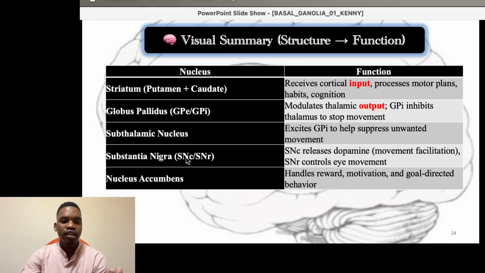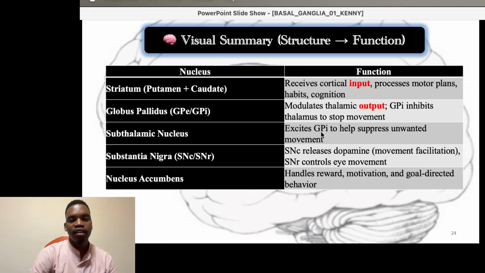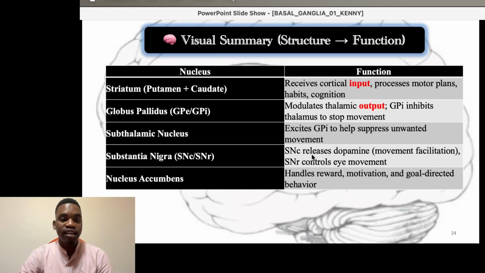The substantia nigra pars compacta is important in releasing dopamine, which facilitates movement. The subthalamic nucleus is key in the indirect pathway, and the nucleus accumbens in motivation and goal-directed behavior.